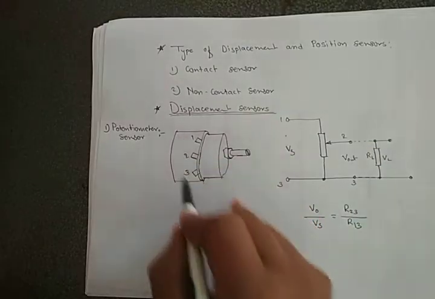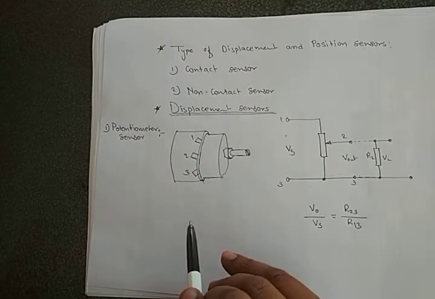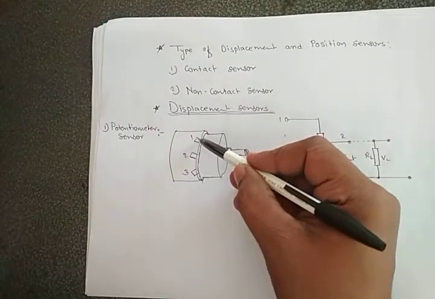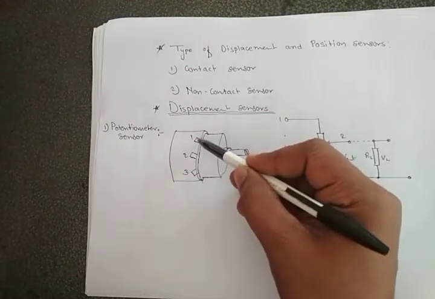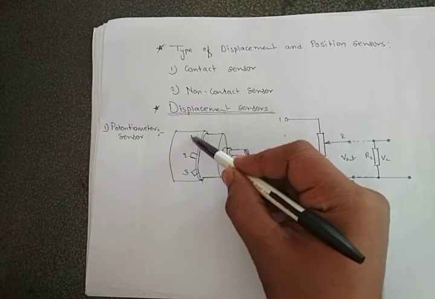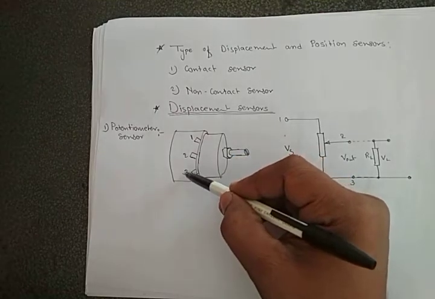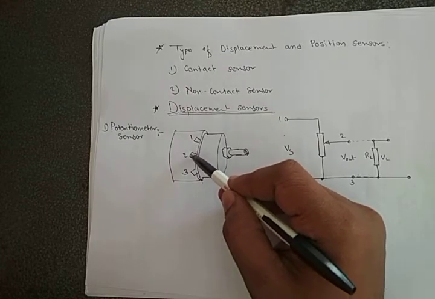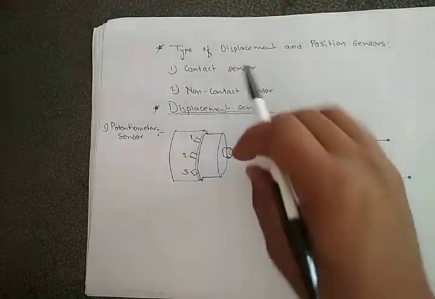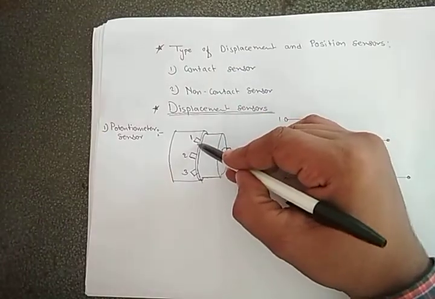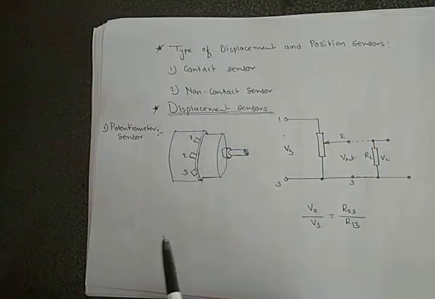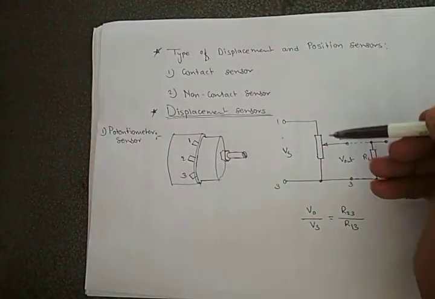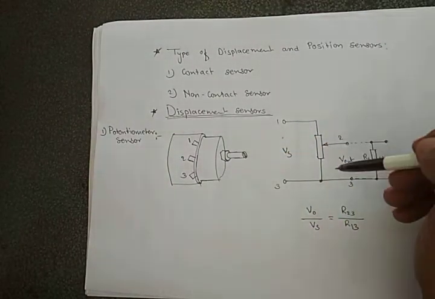Now here you can see the potentiometer sensor. There are two terminals. This one is the first point and 3 is the last point. In between, the contact 2 can slide. If you rotate this, it can move from here to here. While sliding, it varies the potential difference.